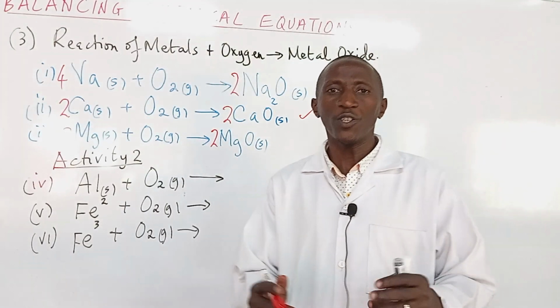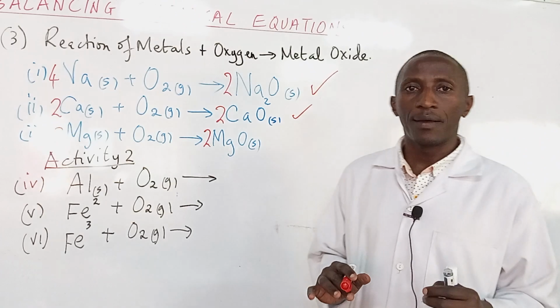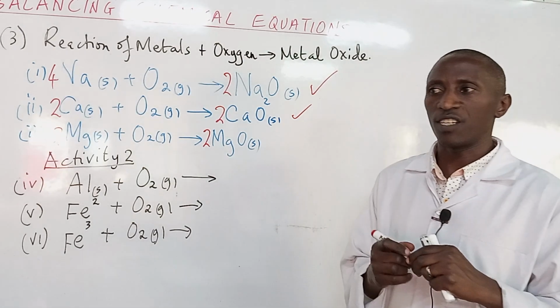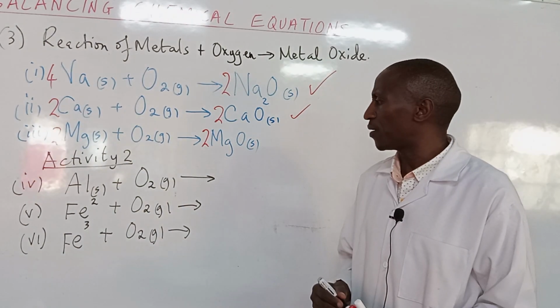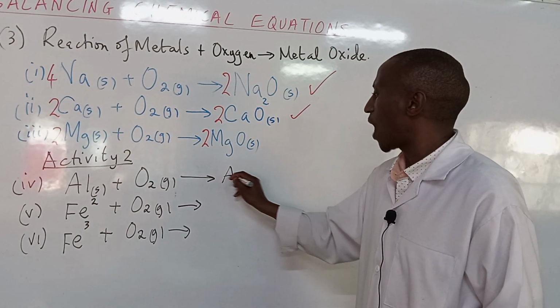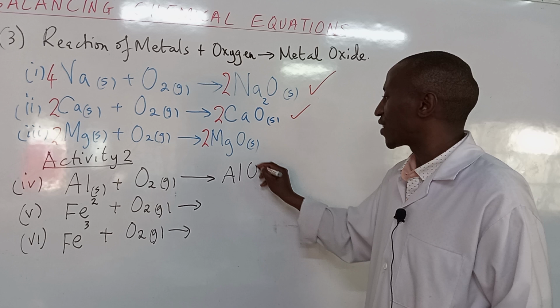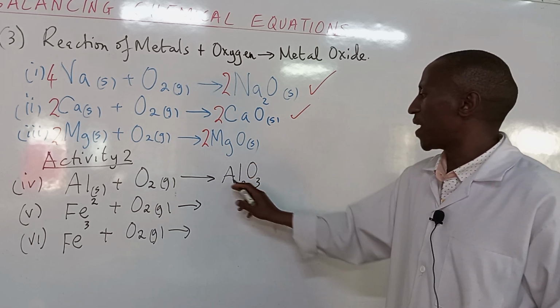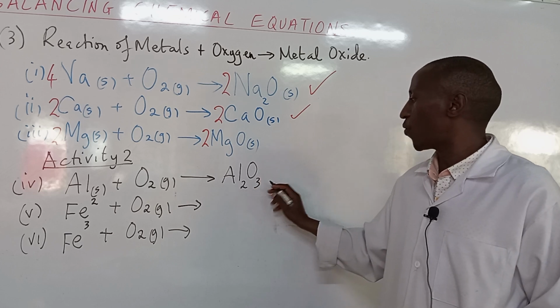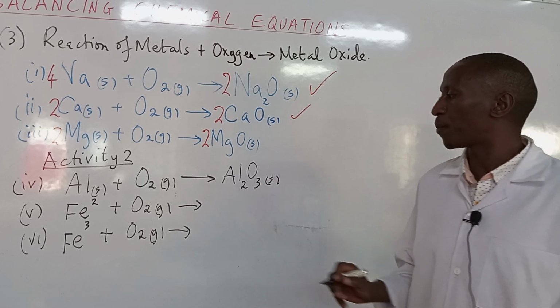Viewers, welcome back. I want to believe that you have worked on the activity, and we can now proceed. When aluminium reacts with oxygen, we get a compound aluminium oxide with the formula Al2O3, and it is in solid form.